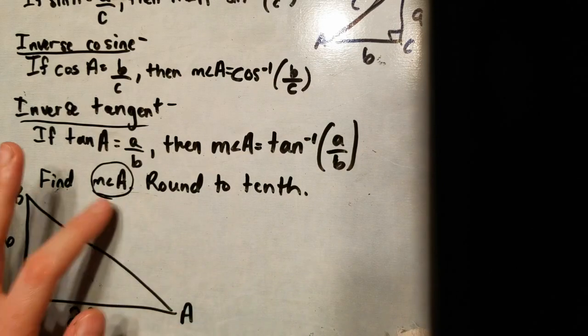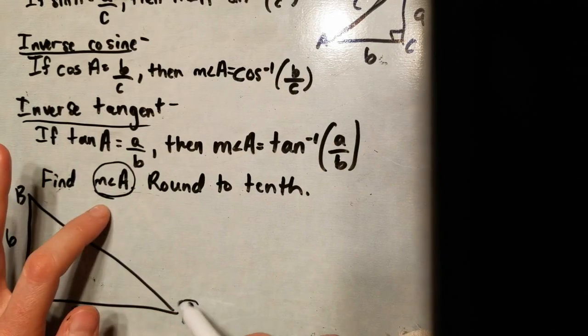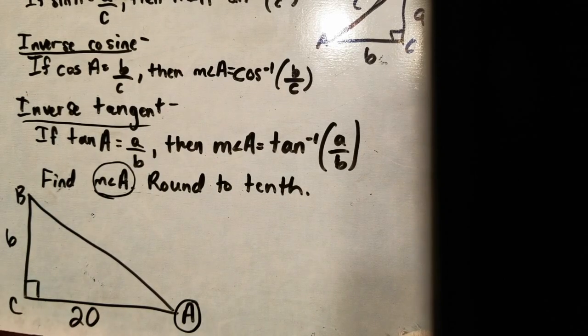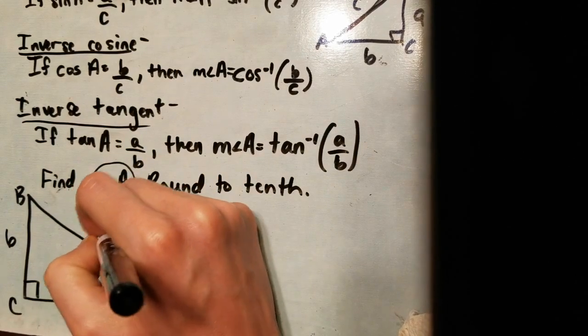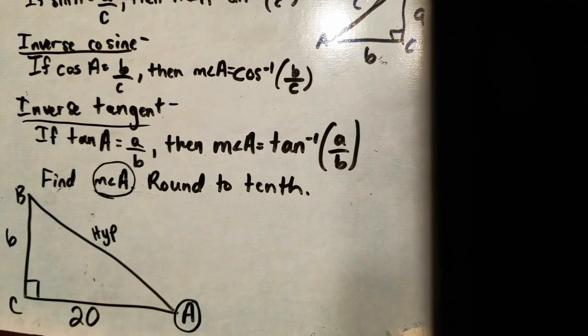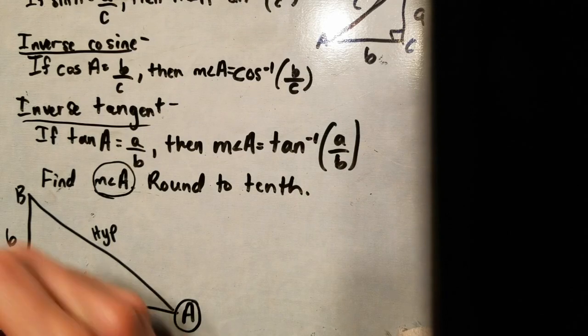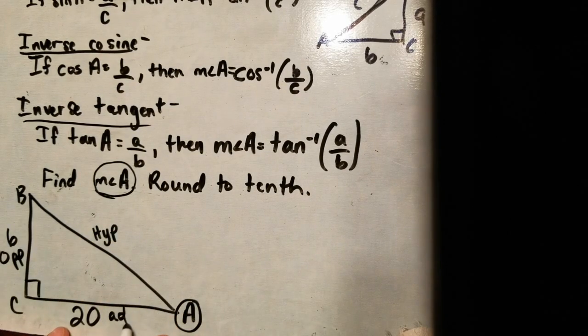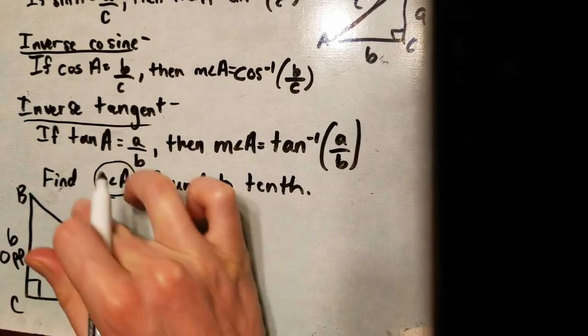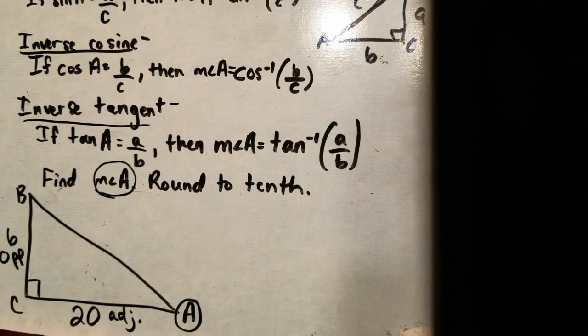In this case, we're not given an angle, but we're looking for angle A. So I would still focus on angle A and label the sides with respect to angle A. So this would be the hypotenuse, because it's opposite the right angle. This would be the opposite side to A, and this would be the adjacent. Nothing on the hypotenuse, so we'll ignore that. So I have the opposite and adjacent.